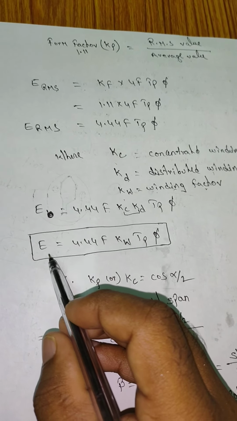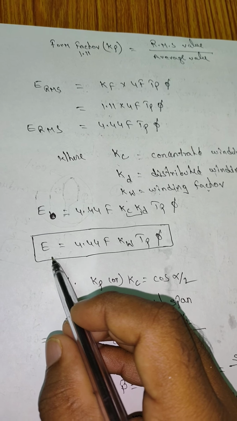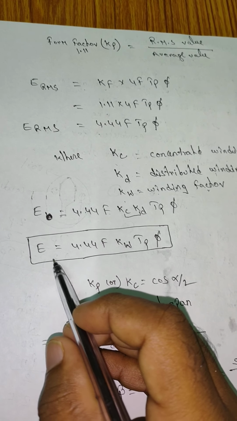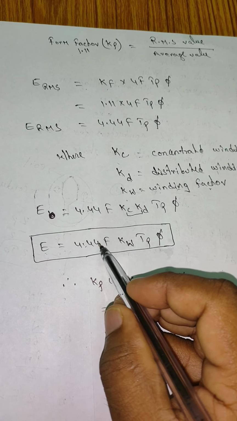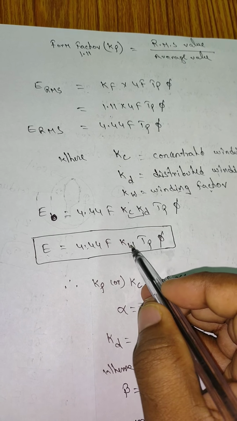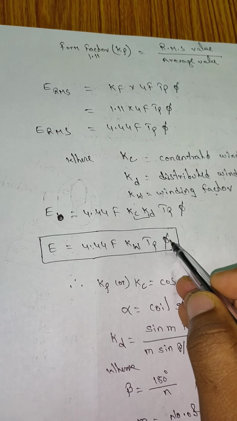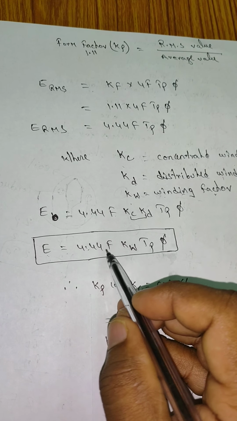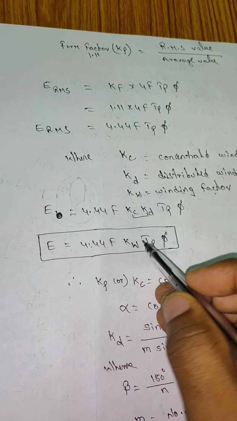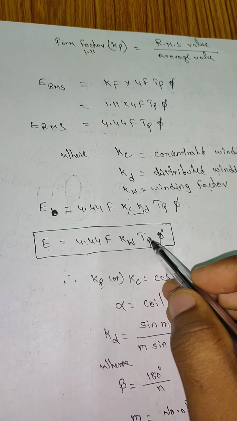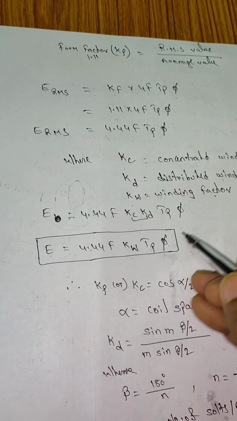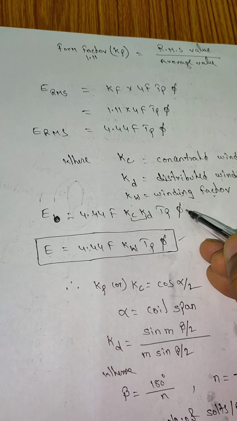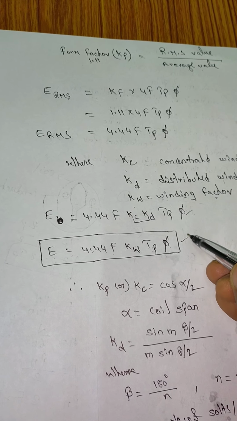Now finally, if you want to find the RMS EMF equation of the alternator, E is equal to 4.44 f Kw Tp and flux. Now in that, what is f? Frequency, Kw is the winding factor, Tp is the number of coils, and phi is the flux. Now this is the final equation, you can take it in either form, no problem.